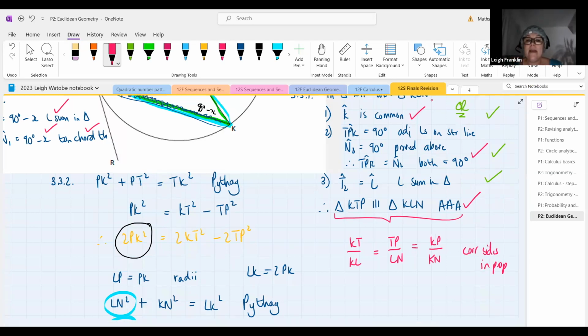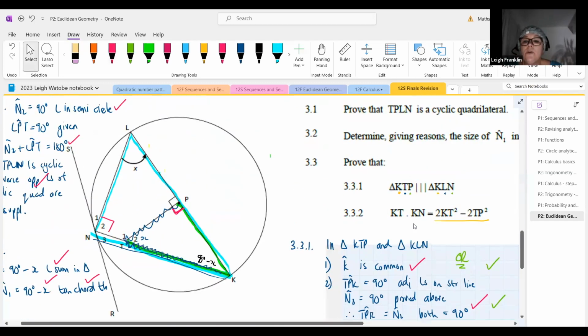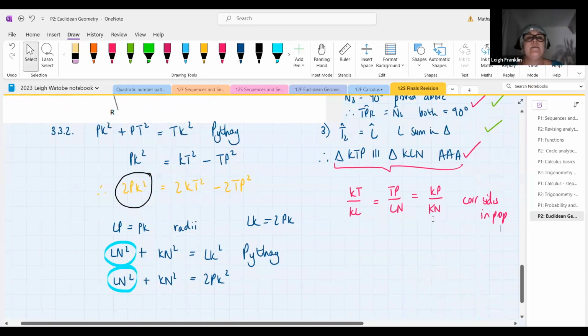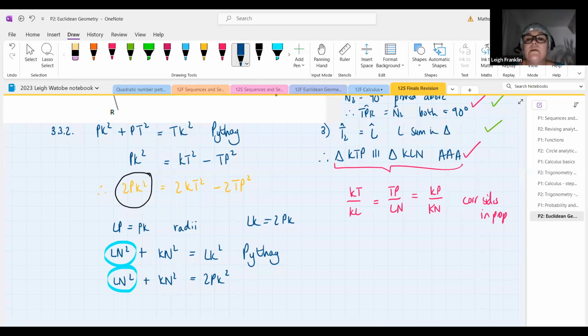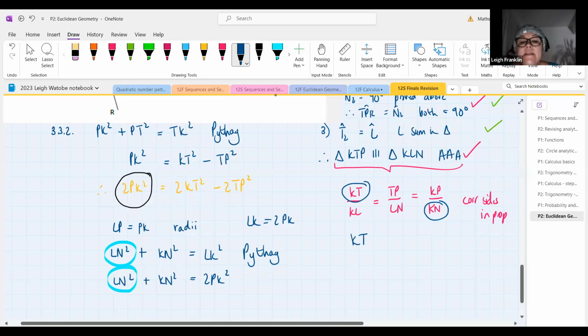So on the left-hand side, what do we want? We want KT and KN, right? So let's work with these two. That means that KT over KL is equal to KP over KN.